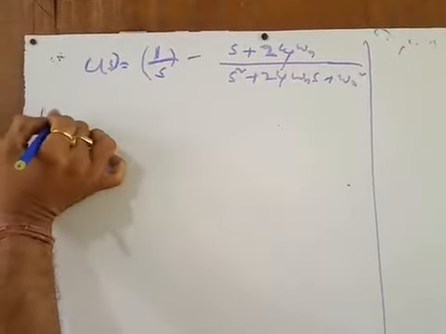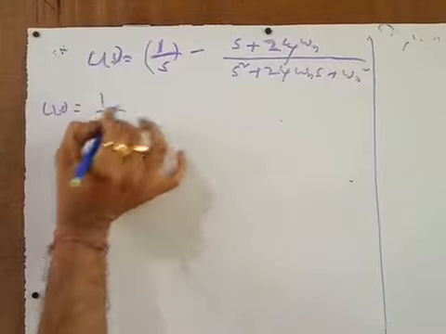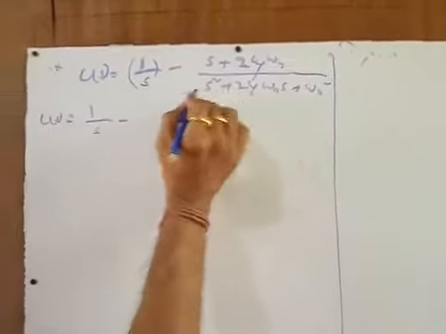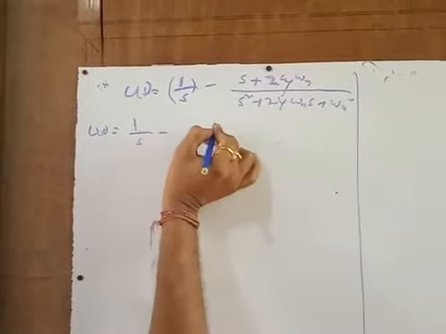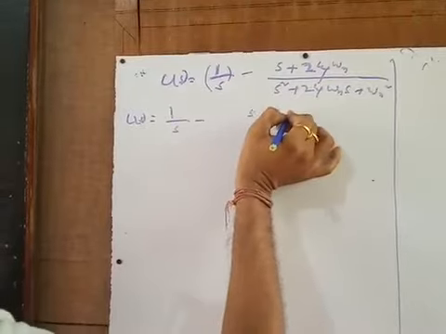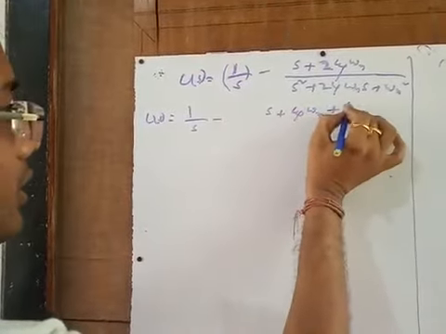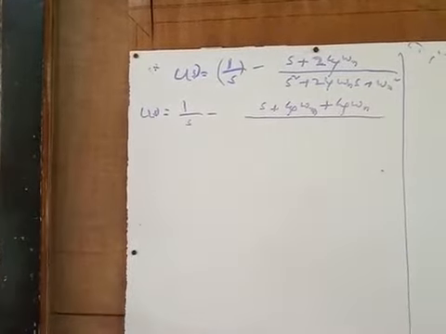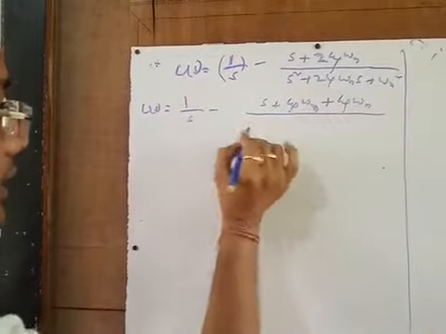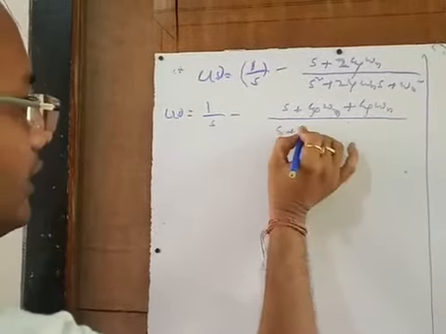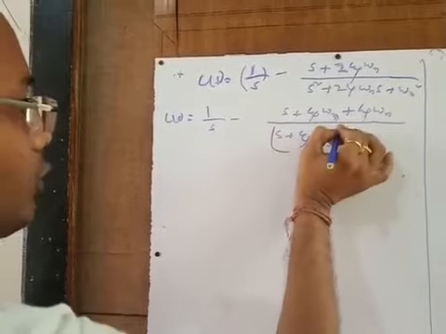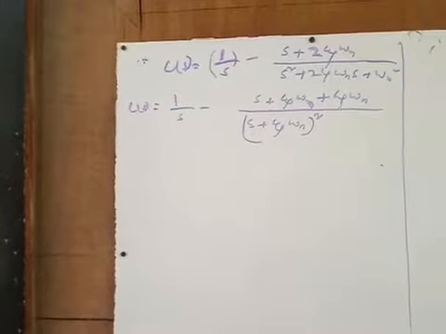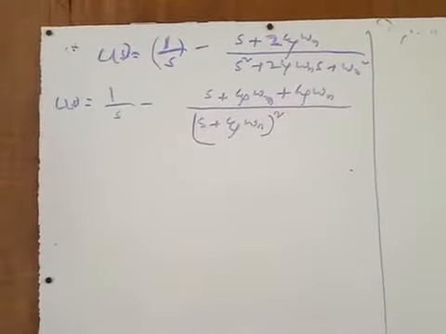We can write C(s) like 1 by s minus, and just see what we are trying to do here. We are getting s plus xi omega n plus xi omega n. That means this 2 xi omega n is written like xi omega n plus xi omega n. And here, if I write s plus xi omega n whole square, what do we get?